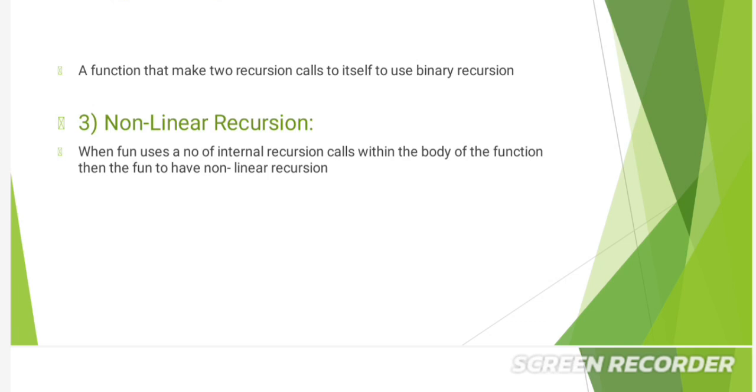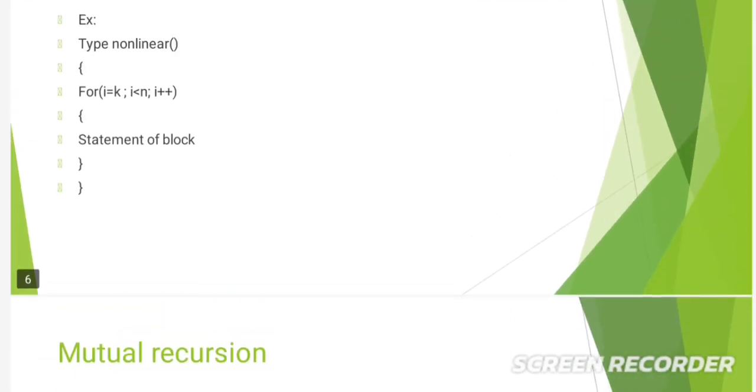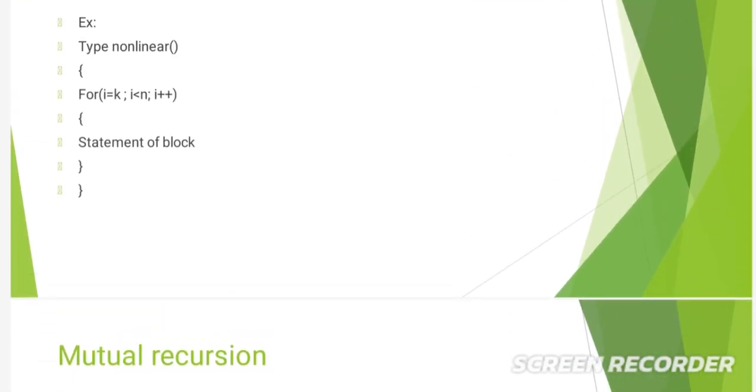In this, a number of internal recursive calls are usually generated by embedding a single recursive call within a loop. So the format of such a non-linear recursive function is given below.